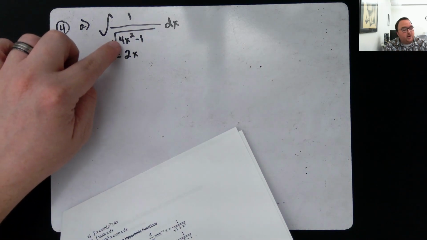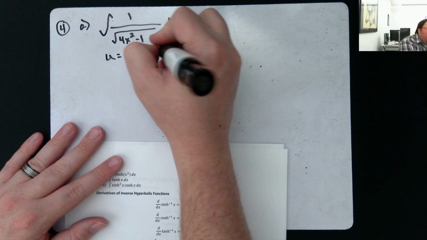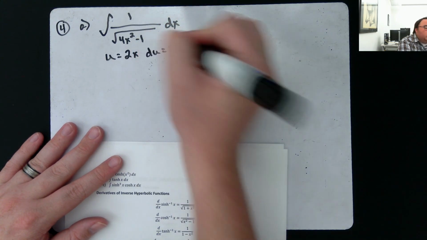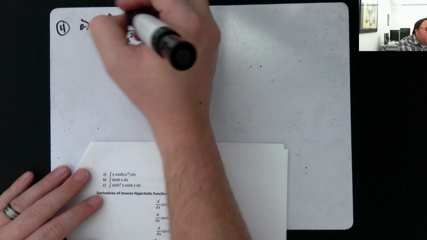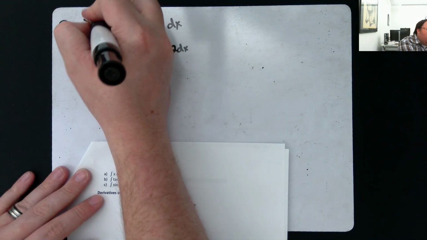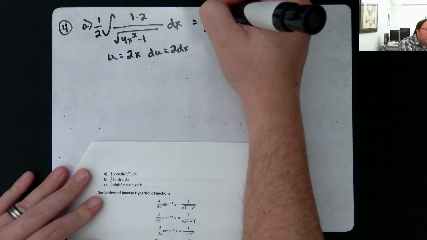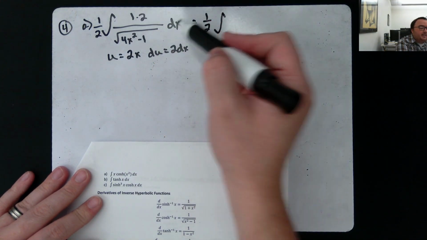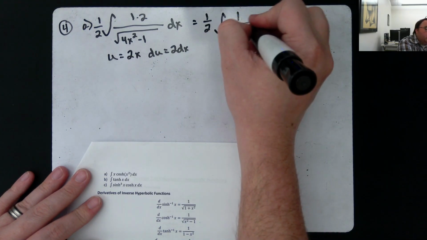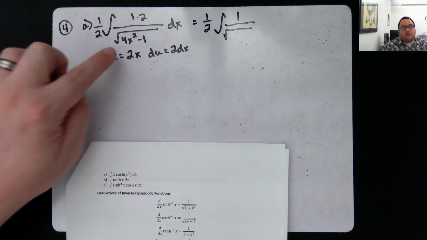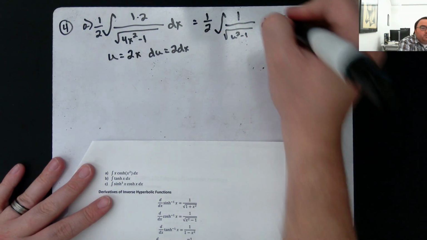For that to work, du would have to be 2, which I can do, right? I can put a 2 here as long as I put a 1/2 out front. So this is going to become 1/2 integral, 2 dx is now the du. So it's just going to be 1 over the square root of u squared minus 1 du.